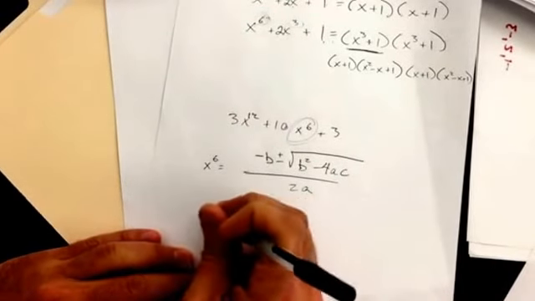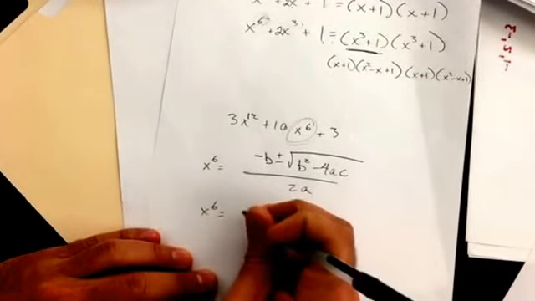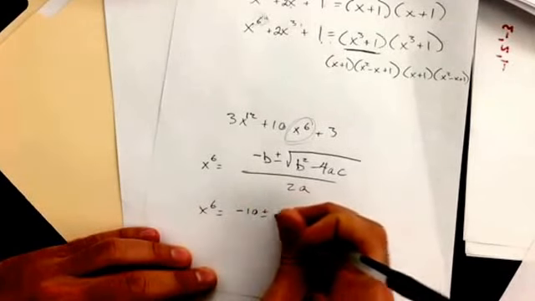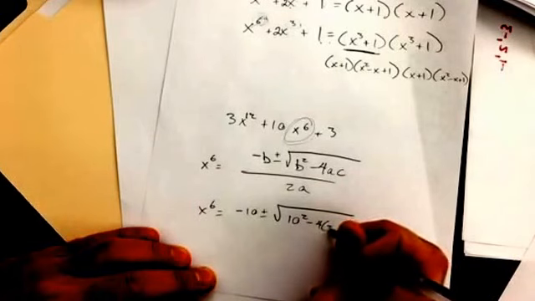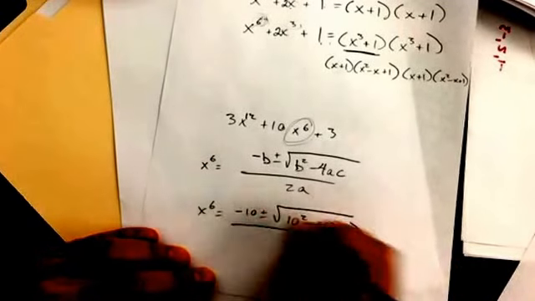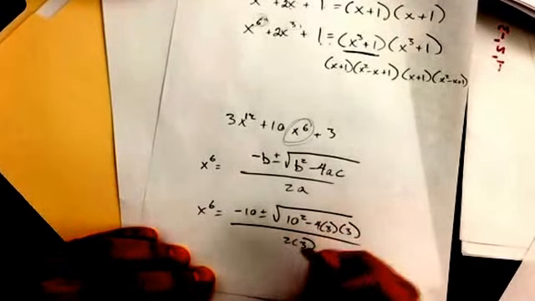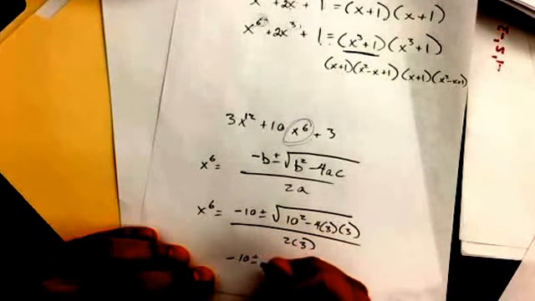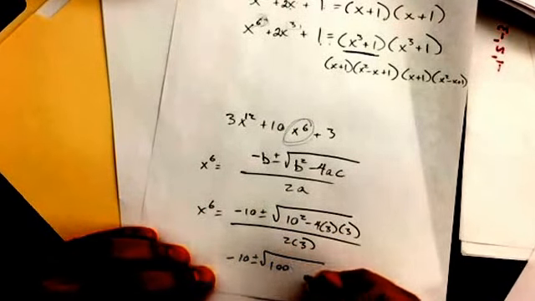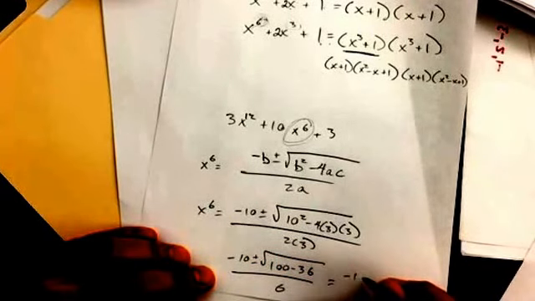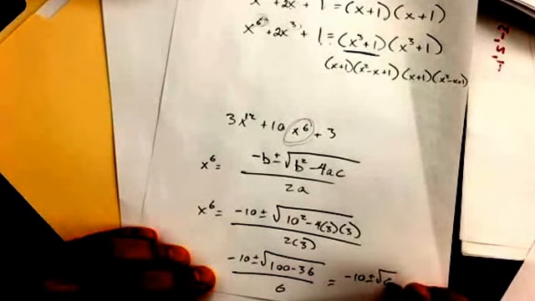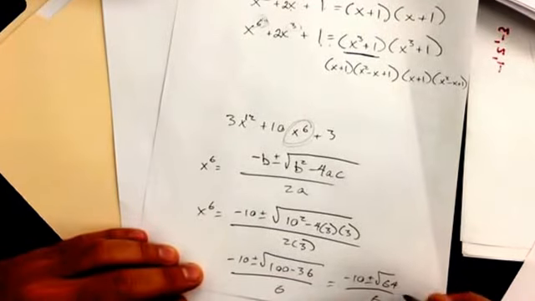And I'm going to go through the process. x to the 6 equals negative 10 plus or minus the square root of 10 squared minus 4 times 3 times 3 over 2 times 3. Negative 10 plus or minus the square root of 100 minus 36 over 6. Negative 10 plus or minus the square root of 64 over 6.